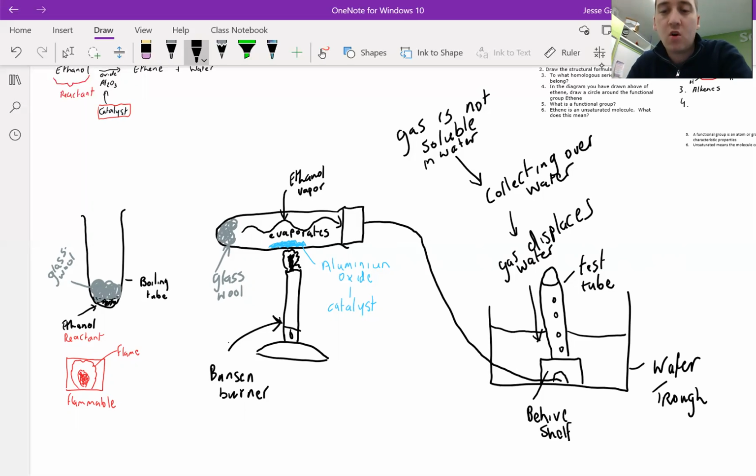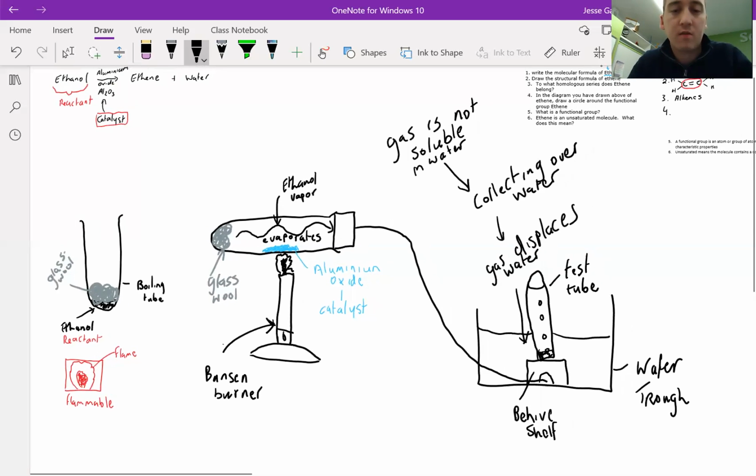And when it's pushed all the water out, we can put a little rubber stopper on it, like I'm doing here, take it out, it'll be full of gas, and then put another full test tube in on top, and push all the water out of that one, and so on. And then you have 4 tubes full of this gas that we can use to test stuff. Okay, so that is basically what's happening here. That would be your diagram of your experiment.